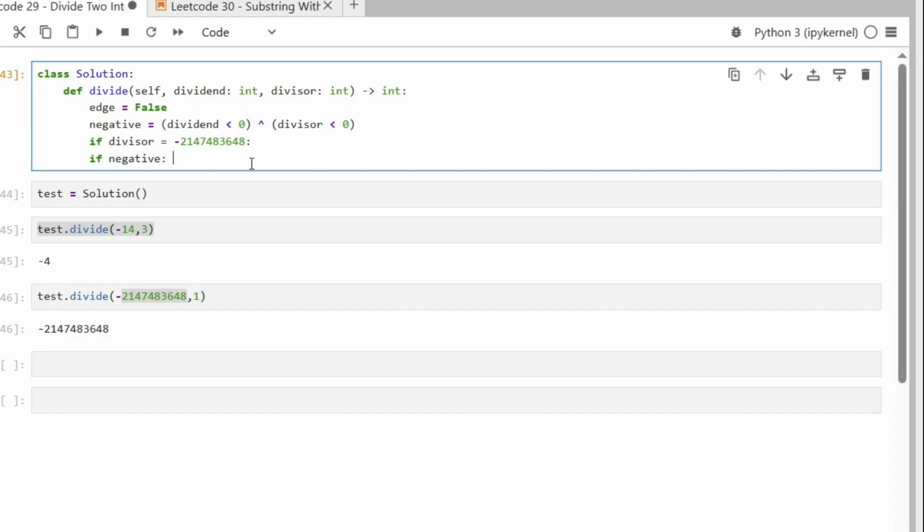So it's either 0 or 1 actually. So if negative, that means this number is positive, and as absolute value it should be only less than this number, so we know the result will be 0. Cannot be any other possibility.